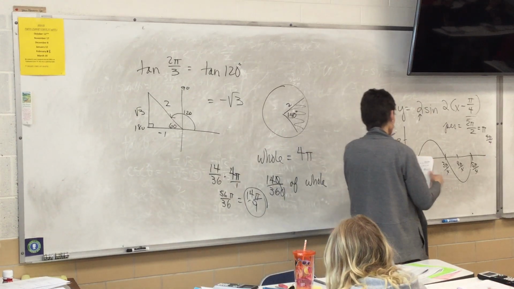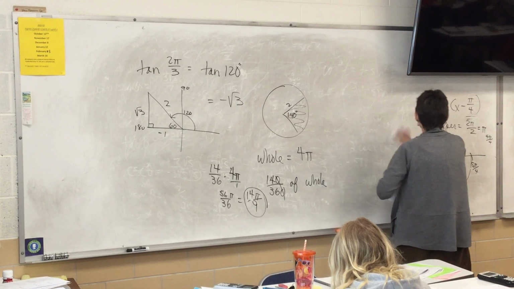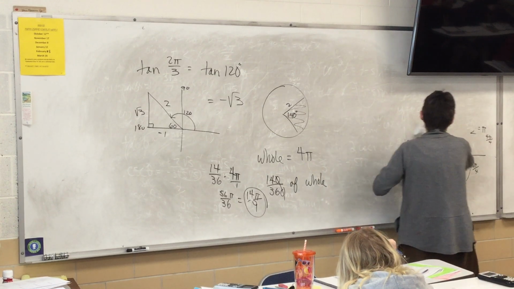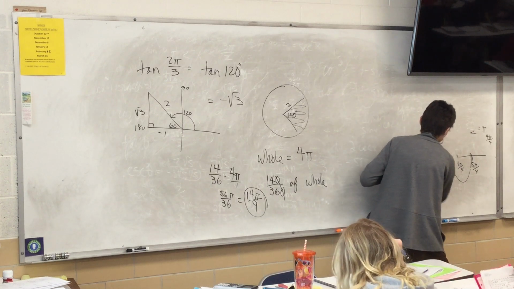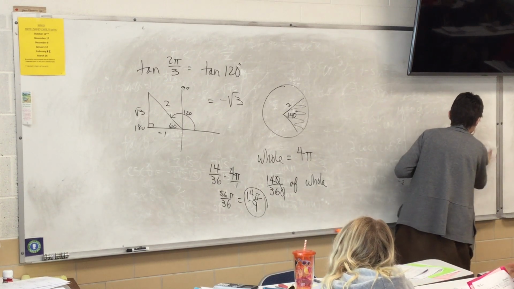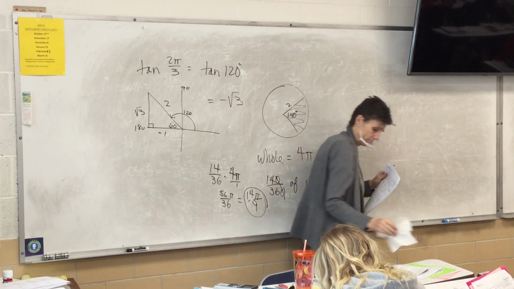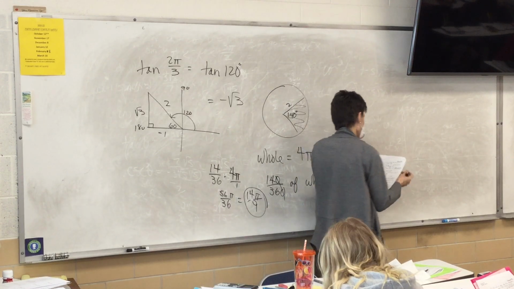Write the equation of a sine and a cosine curve. So in other words, the thing I just erased, you're going to write an equation of that for this picture that I drew.